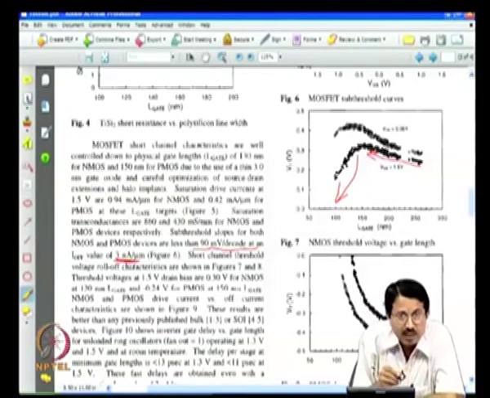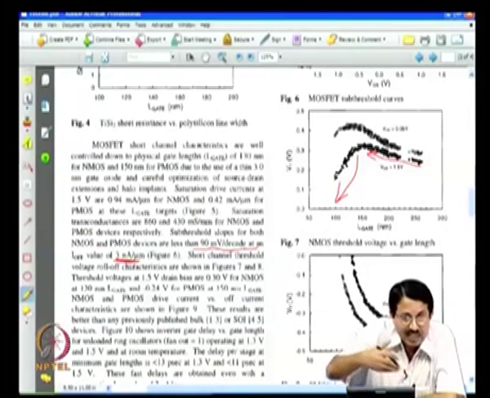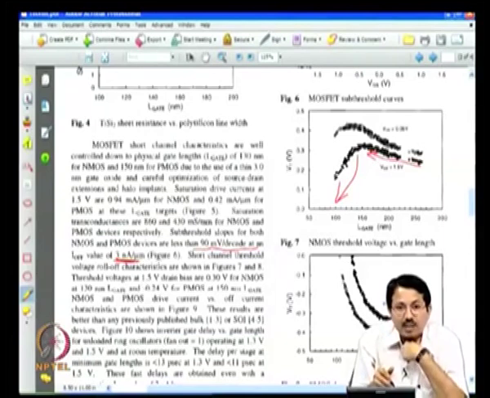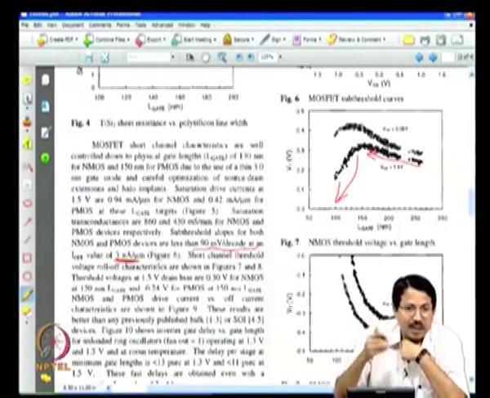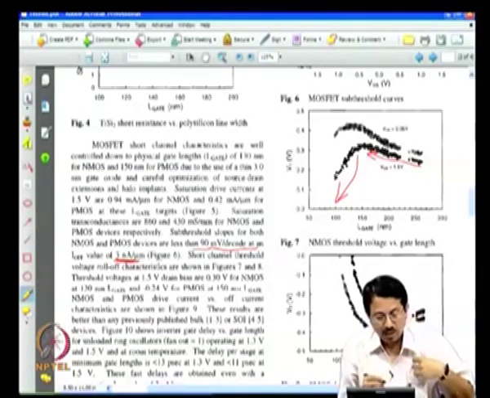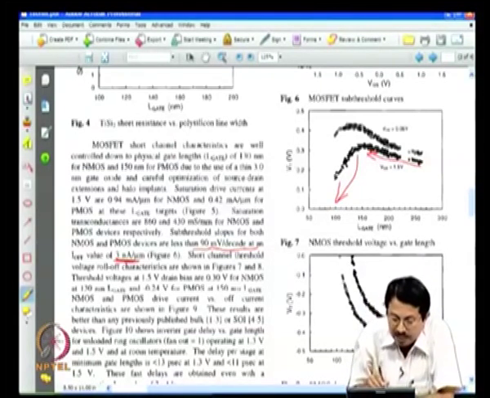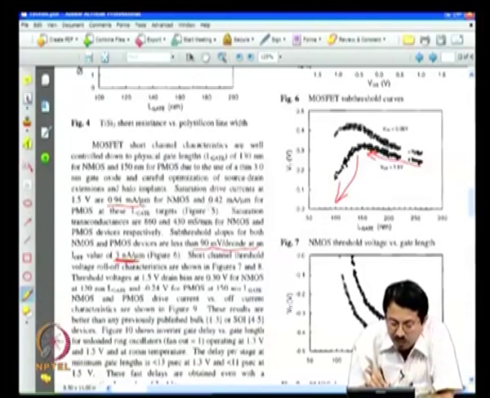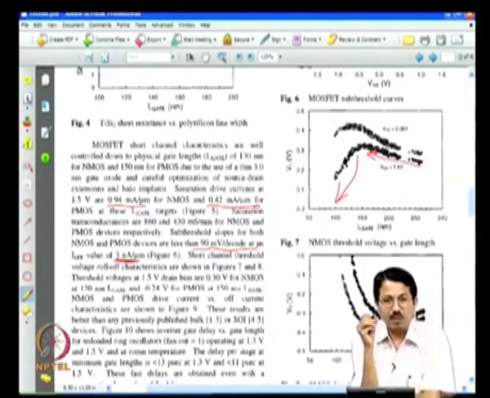We always specify off current in terms of ampere per unit width. Depending on how many microns your transistor width is, you multiply that, you get the off state current. And your on state saturation drive currents are 0.94 milliampere for NMOS and 0.42 milliampere for PMOS.